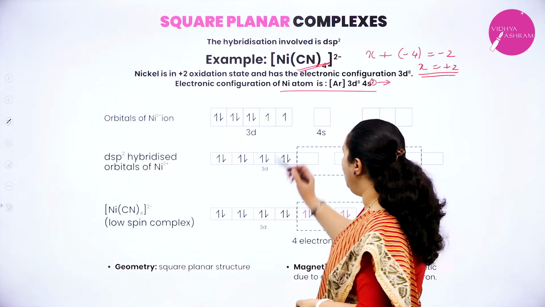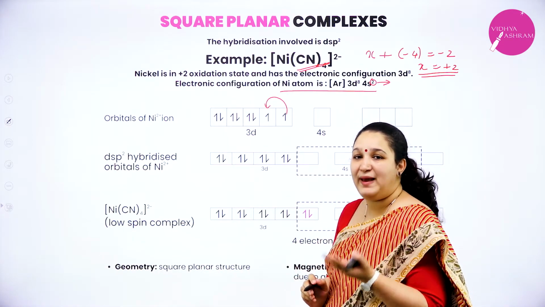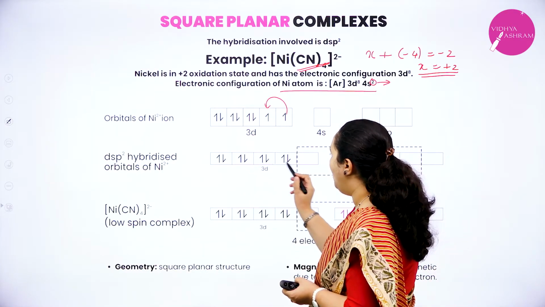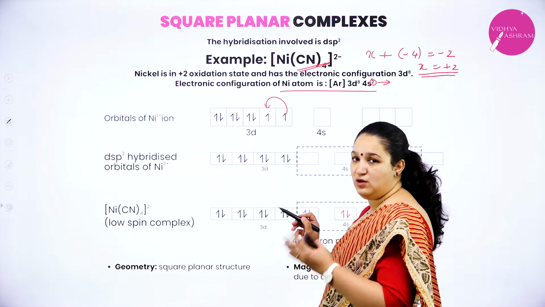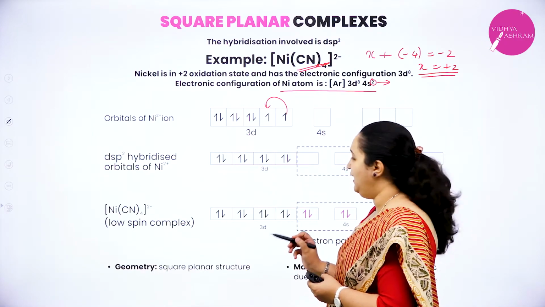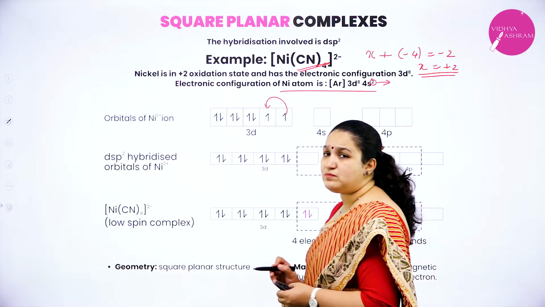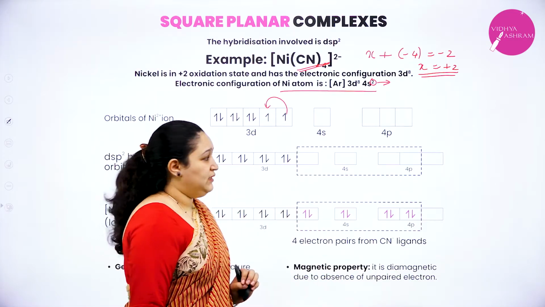Because it is strong, these 2 unpaired electrons will pair up against Hund's rule, and you can see all the 8 electrons are paired up in the first 4 orbitals of 3d and 1 d orbital becomes vacant. We require 4 vacant orbitals.